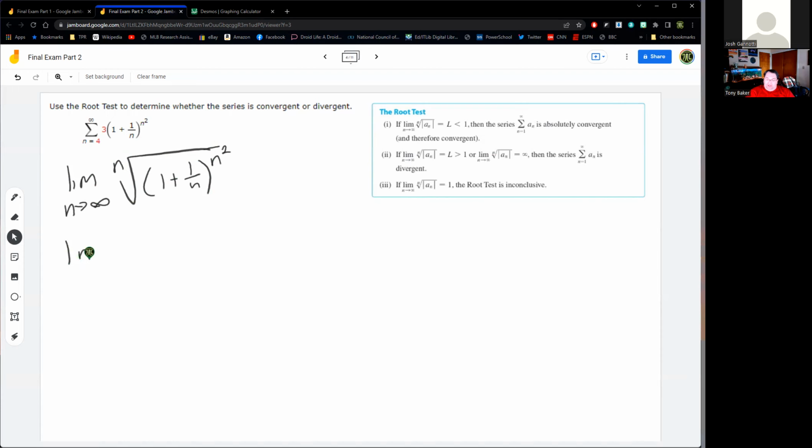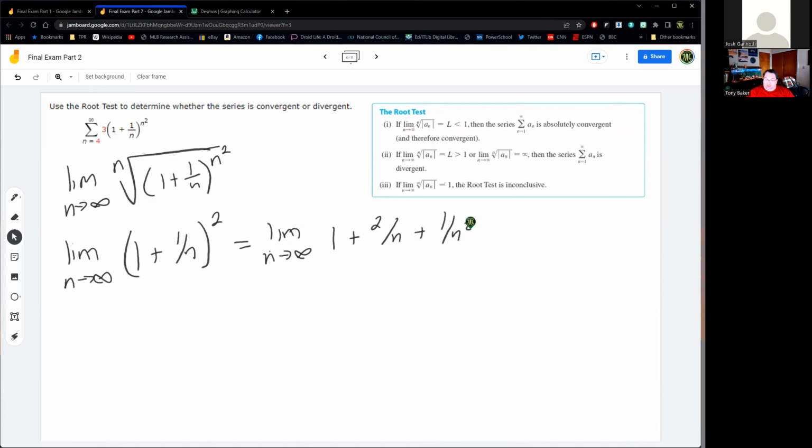So I'm going to have the limit as n goes to infinity of 1 plus 1 over n squared. So that's the limit as n goes to infinity of 1 plus 2 over n plus 1 over n squared.